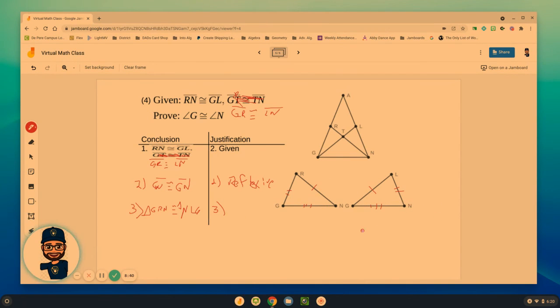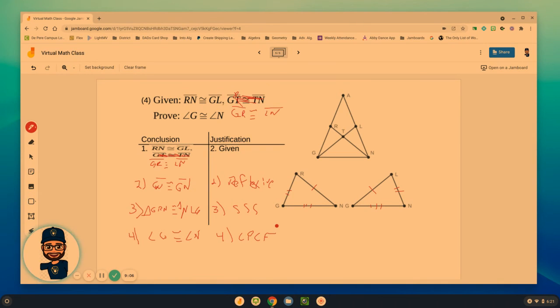Which theorem is that? Side, side, side. And now that we have two triangles congruent, we can say that the parts that they're asking us to prove, angle G is congruent to angle N, because of CPCF, corresponding parts in congruent figures.